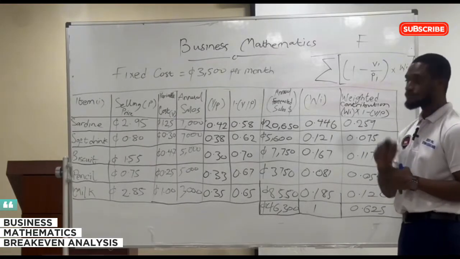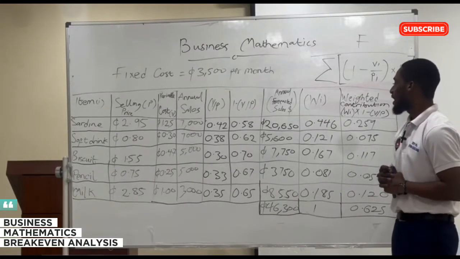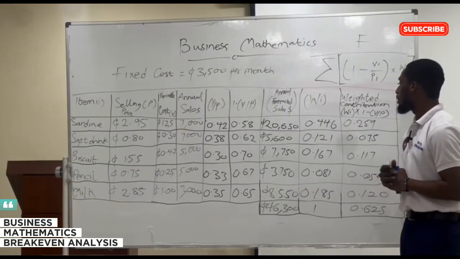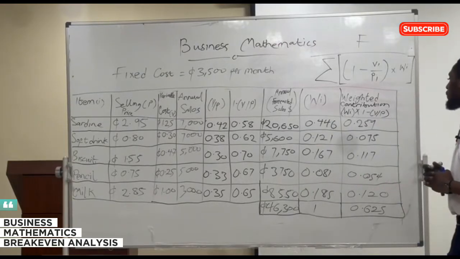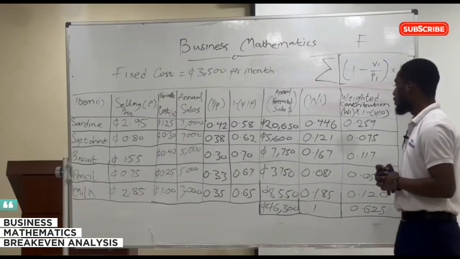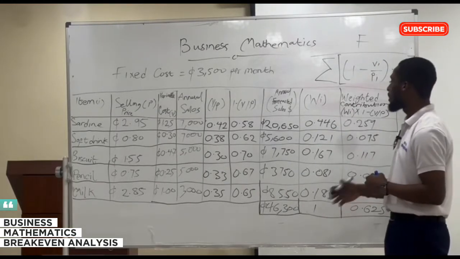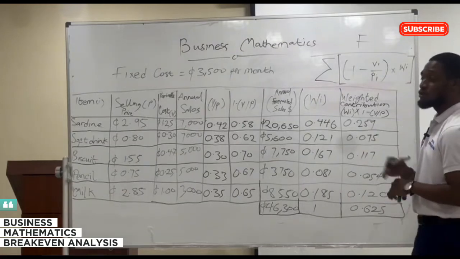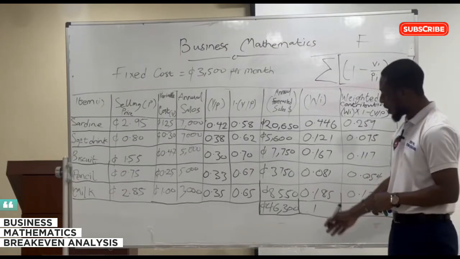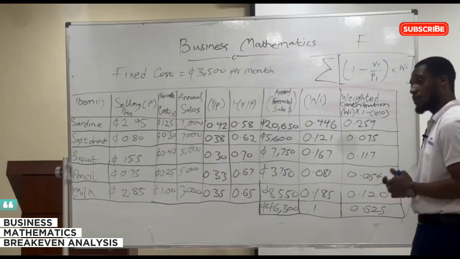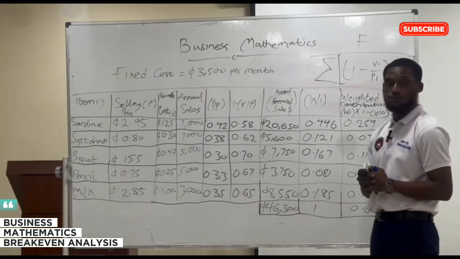And now we were told that before you can go ahead to find the weighted contribution, you have to calculate the total. You have to sum the WI up to get the total of the WI, and we did just as we have to, and we had 1.